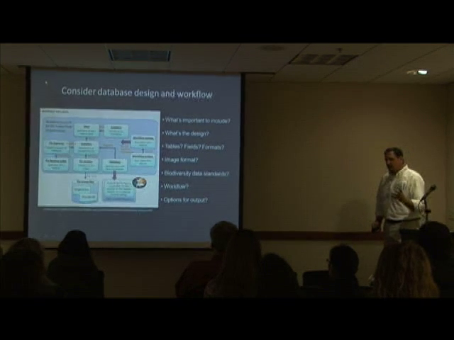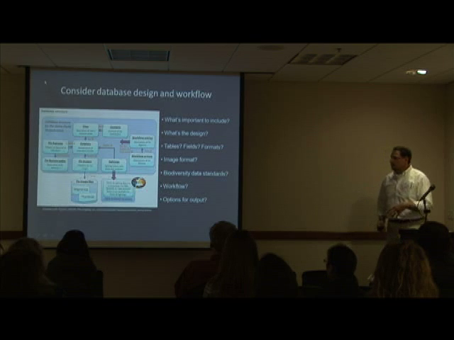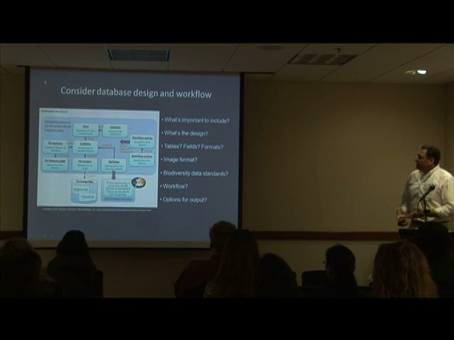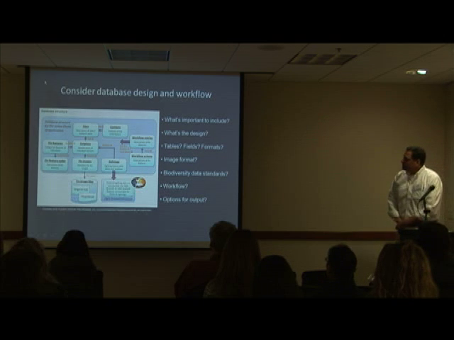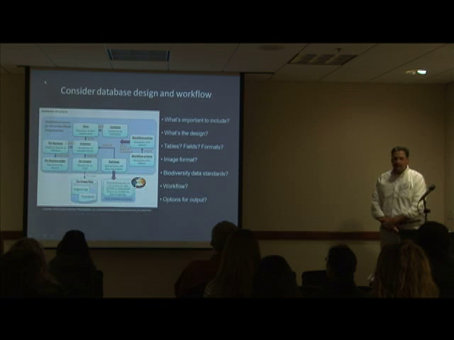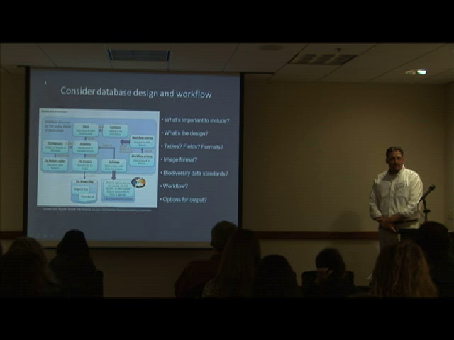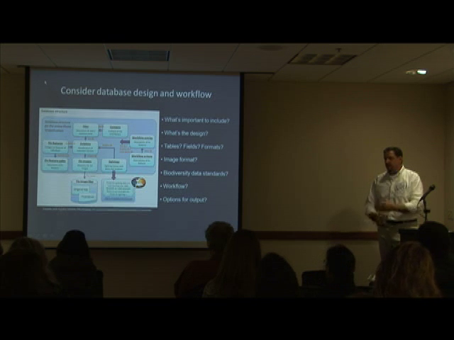Following along the lines of what John C. was talking about, what are some things you need to think about in the database context? What is important to include, and what's the design you're going to use if you're going to create a database as a catalog? How should it be organized? What's the image format going to be? Are you going to capture and maintain your data so that it fits biodiversity standards for data?